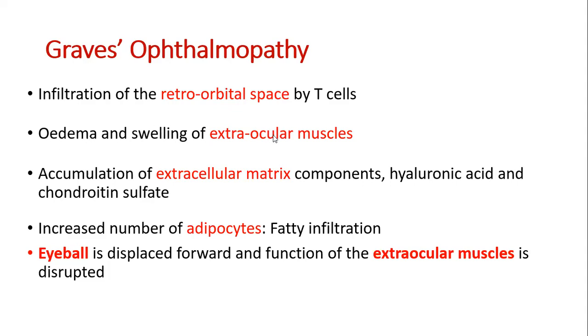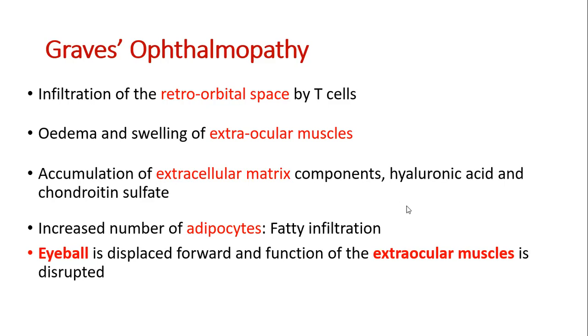Like edema, when resolved, things can go back, but over time hyaluronic acid and chondroitin sulfate start depositing there. In the soft tissue around the eyeball and the muscles, you see deposition of extracellular matrix and development of fat. The eyeball is displaced forward and the function of the extraocular muscles is disrupted. That's why they have protruded eyes.